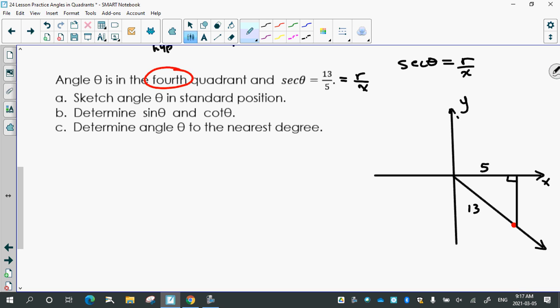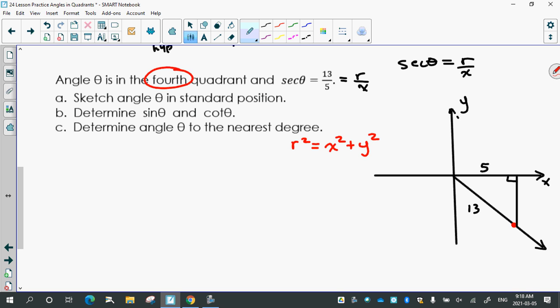So this time, it's the Y value that's missing. Does everyone see that? But they're still related by the Pythagorean theorem. So that Pythagorean relationship still holds true. It's just that we have R this time and X, but it's Y that we don't have.